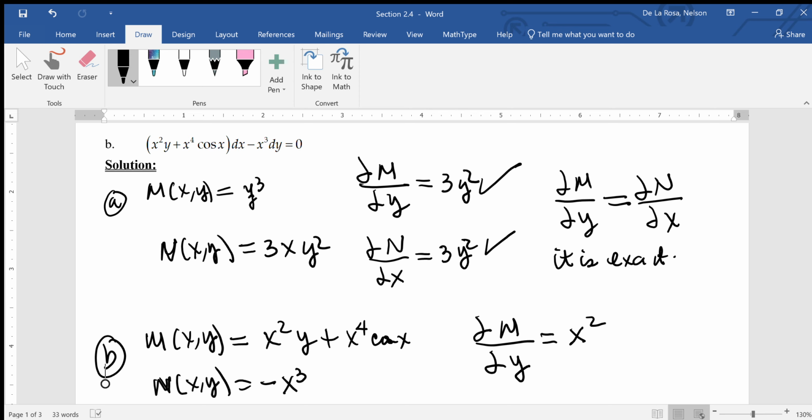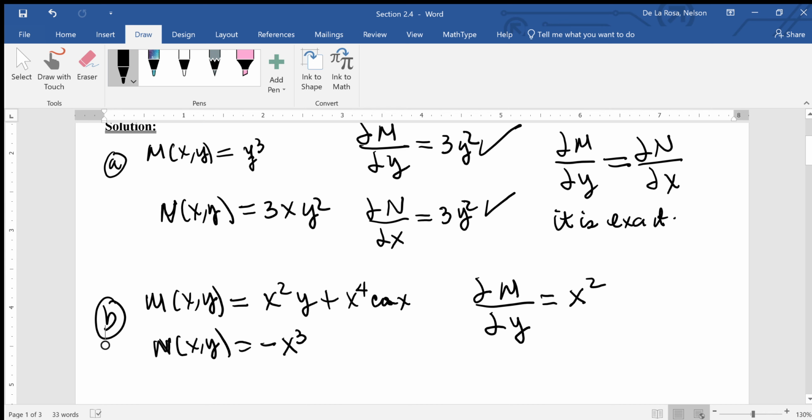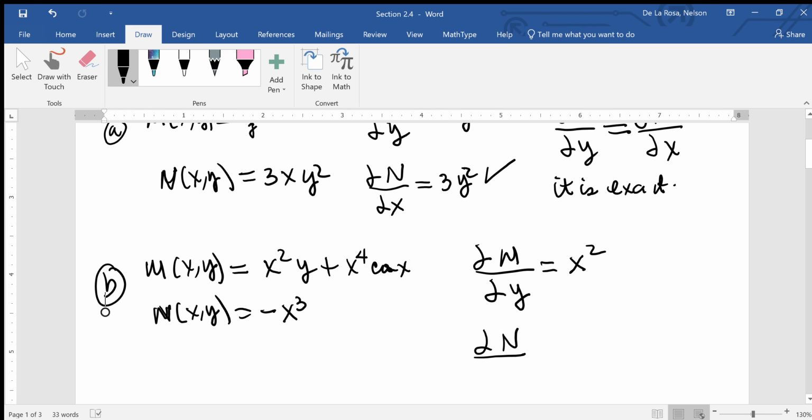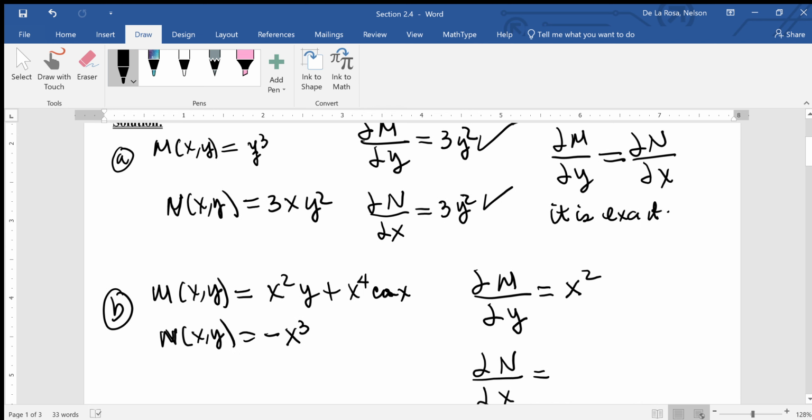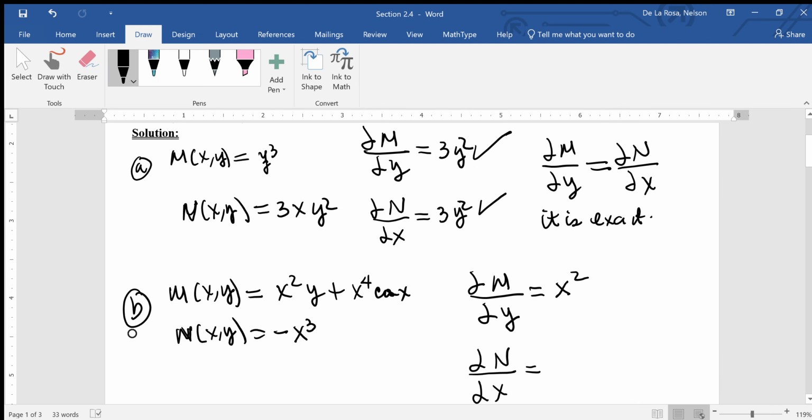Now, the partial derivative of N with respect to x is going to be negative 3x to the second.